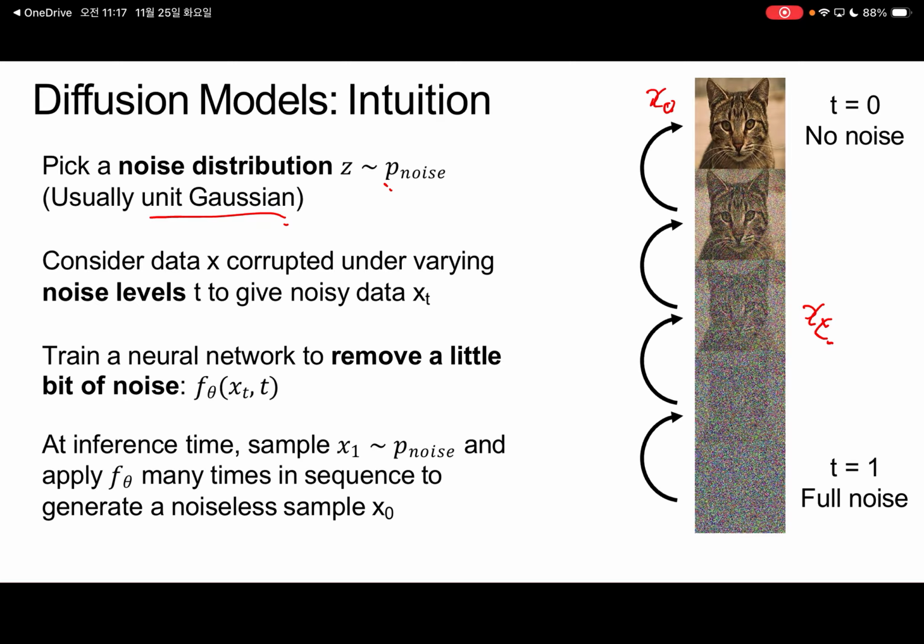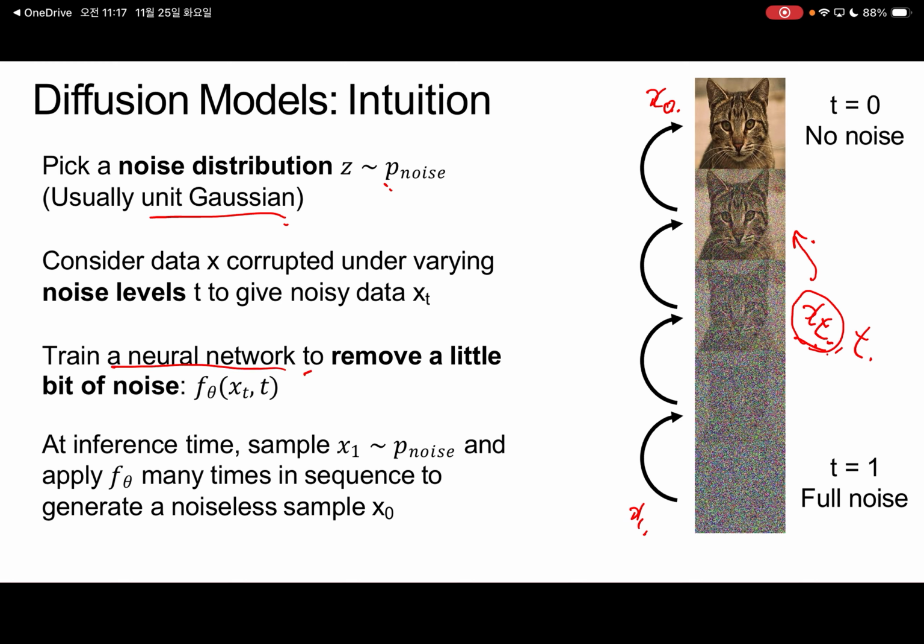At t equals 0 we have x0, and at 1 we have x1. We train a neural network to remove a little bit of noise, right? It takes the noisy image as input and t as input as well, and then it tries to denoise the noisy image to a denoised one, right? That is the role of the neural network here. We will see detail later.